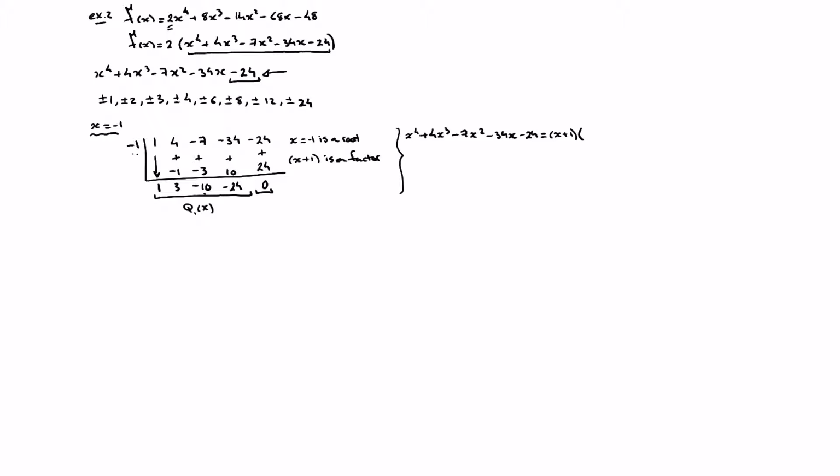So that's x cubed plus 3x squared minus 10x minus 24.